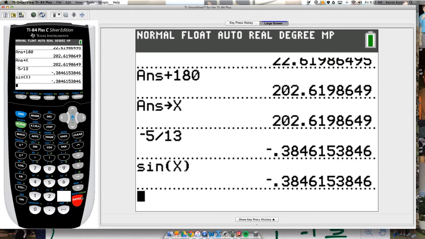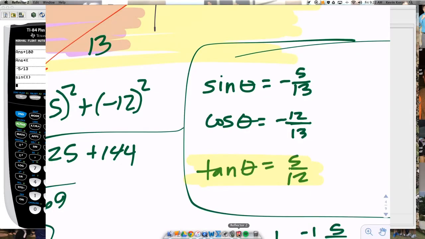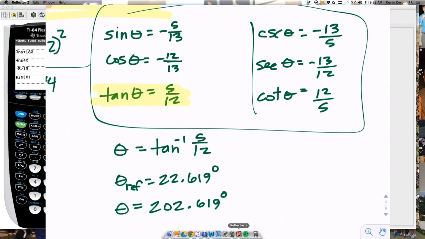All right, remember yesterday when we used the cosine? Remember the cosine one gave us the actual angle that we wanted? I wonder if it does it again here. Let's try it one other way. What if I took the inverse cosine of negative 12/13? You think it's going to give me the angle I want?